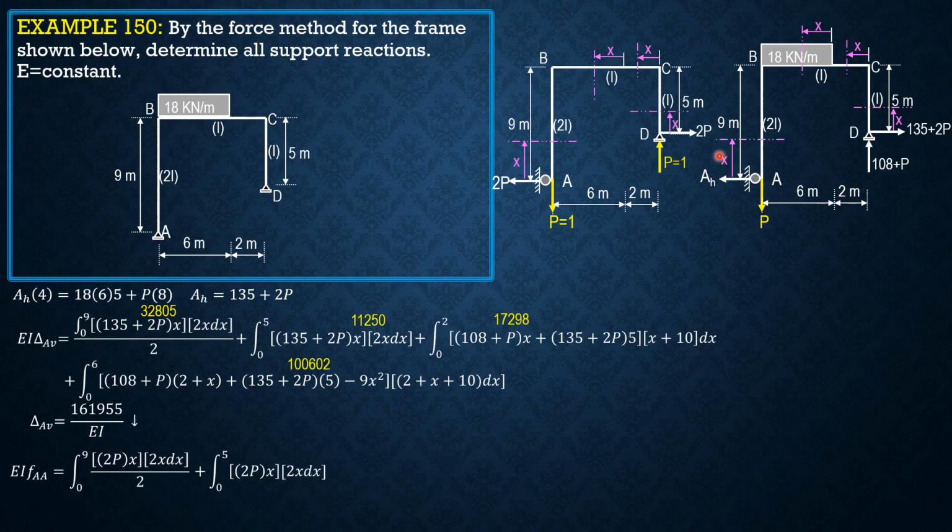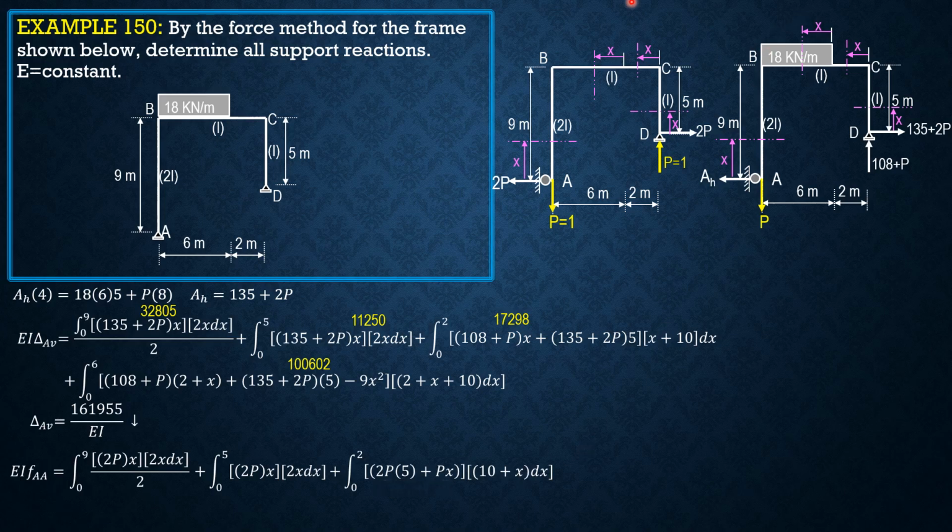Then here integral of P times x plus 2P times 5, 2P times 5 plus P times x, derivative is 10 plus x dx.